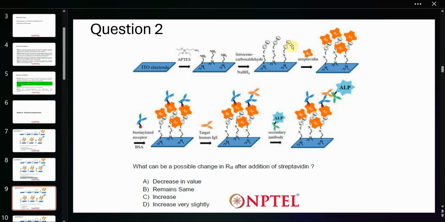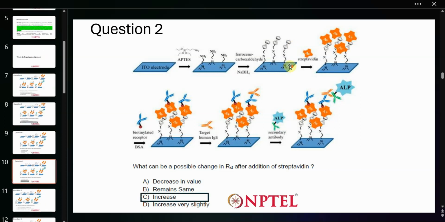So if there are very heavy antibodies or very heavy proteins that come near the surface, the electrical properties also change, so the resistance changes, so the charge transfer also changes, so that is the resistance to charge transfer. So because of heavy bodies, the charge transfer gets slowed down. So what do you think will be the answer for this?